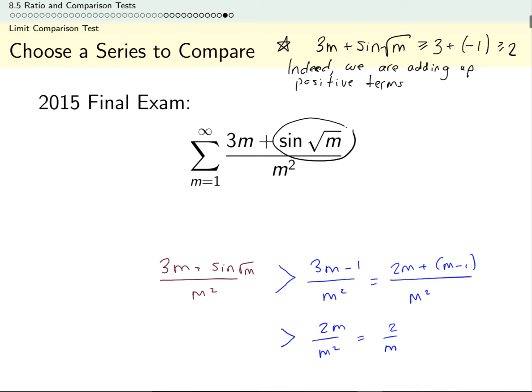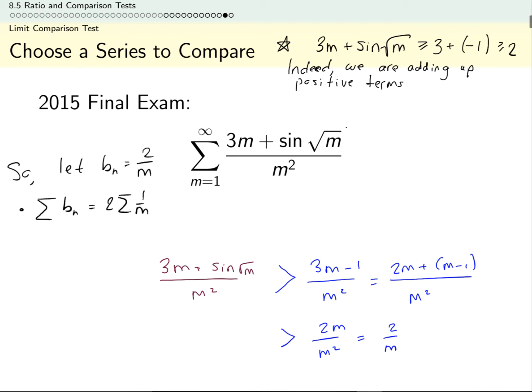These terms make up another series whose convergence or divergence is easy to ascertain, but in this case the inequality will go in the right direction. So I'm going to let my bn terms be 2 over m. When I add up my bn's, I get twice the harmonic series, so the series diverges.